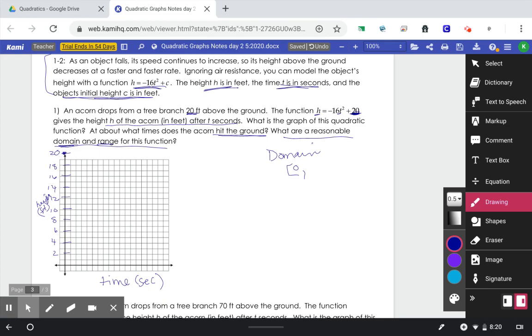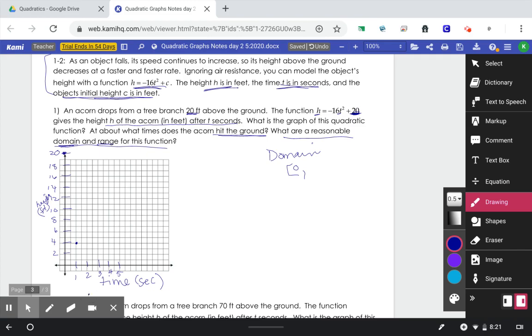All right, so I'm going to start at 0, 20. The next point, it says 1, 4. So let's spread this out a little bit. Okay, so 1, positive 4. And then it says 2, negative 44. So 2, negative 44 is going to be all the way down here somewhere.